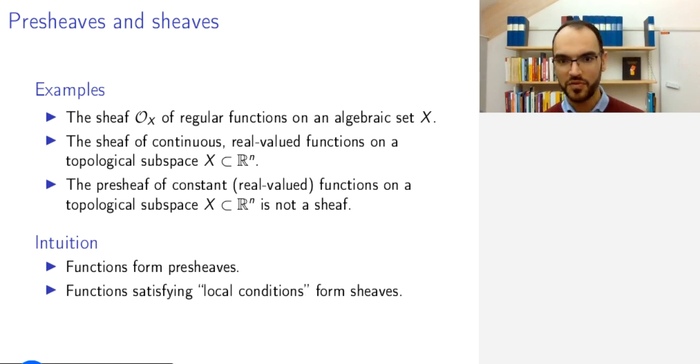But to form sheaves, you want functions that satisfy local conditions. And this is why it was so important when we defined regularity, coming back to our algebraic sets, that we didn't say it should be uniformly one and only one quotient on the whole open set, but we said that locally it should be a quotient. So local definitions are important.